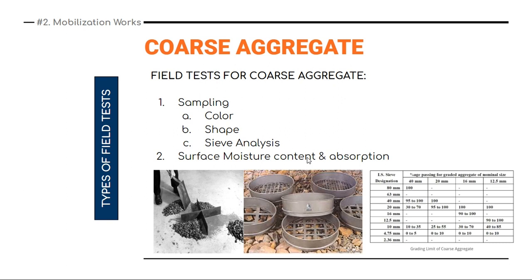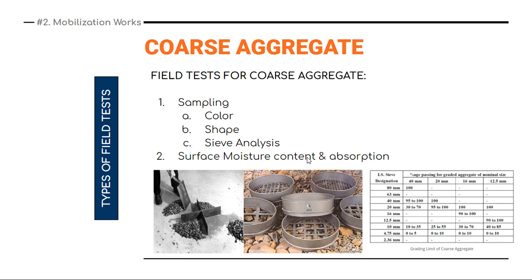It should be uniform in every direction, so it should pass the shape test, right? Also take some sample with you and find out how many are flaky, meaning elongated type, and how many are rounded uniform shape. Based on that, you can also make the gradation test.